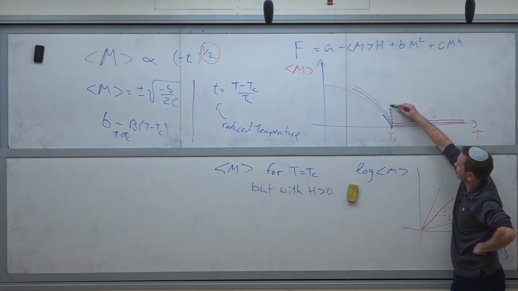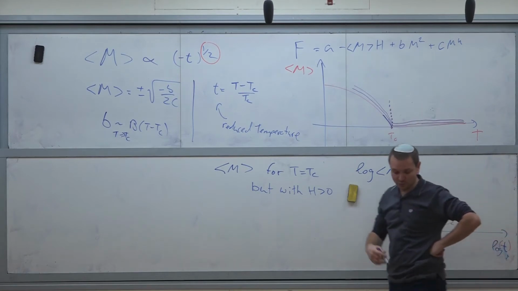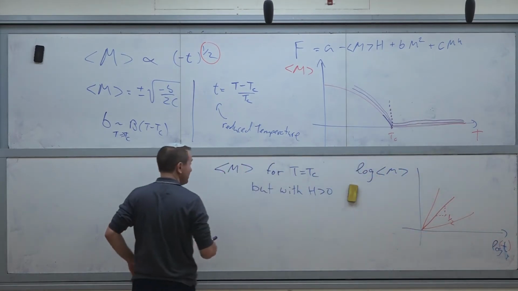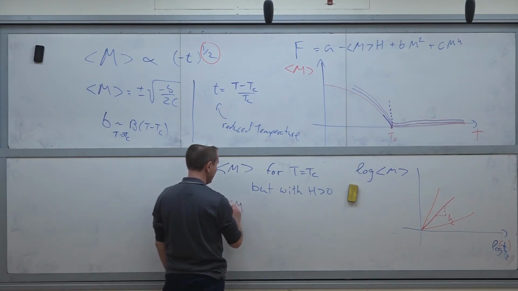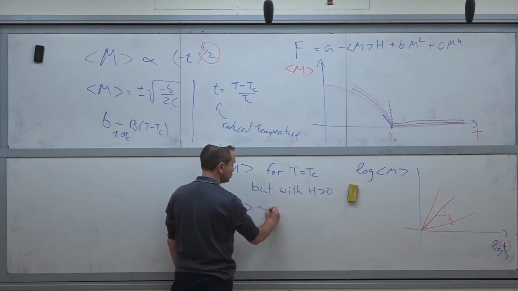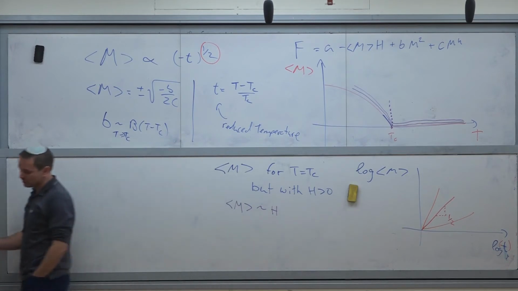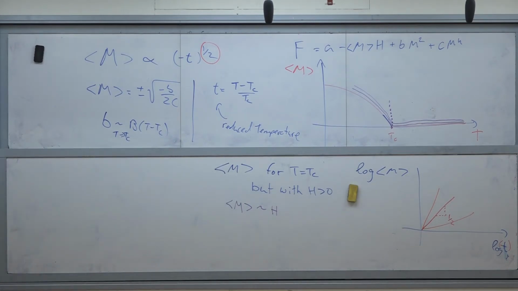We can do this for many different systems. And what we observe is that M, on average, is proportional to H to some power that is usually termed 1 over delta.